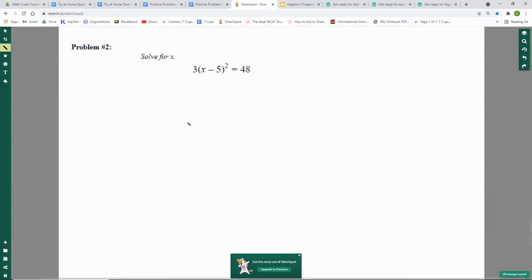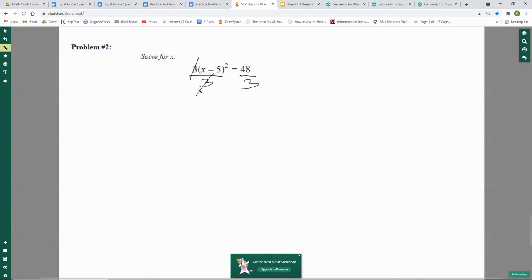So first things first, we can get rid of this exponent through radicals, but before we can get to that, we want to isolate it, and to do that, we can do what we're used to doing with linear equations, and what is done to one side must be done to the other. So we can divide this left side by 3 to get rid of this 3, and then we do it to the other side.